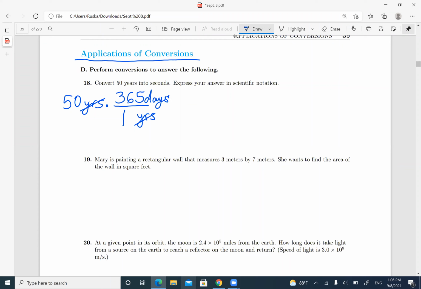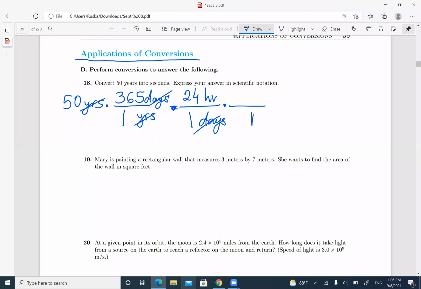So we're going to change years to days, and then we're going to change days to hours. 1 day is 24 hours, right? Days and days cancel, so make sure it's up and down.